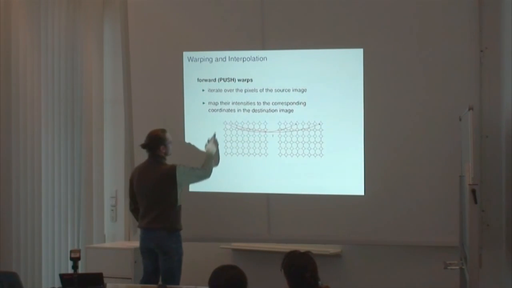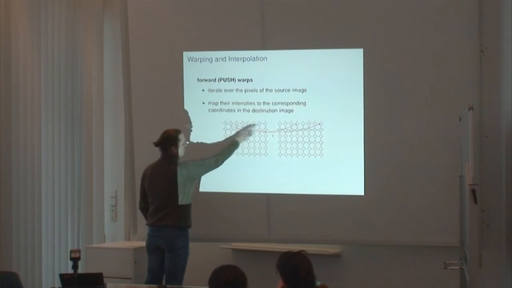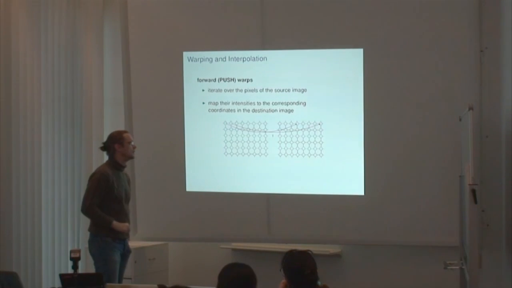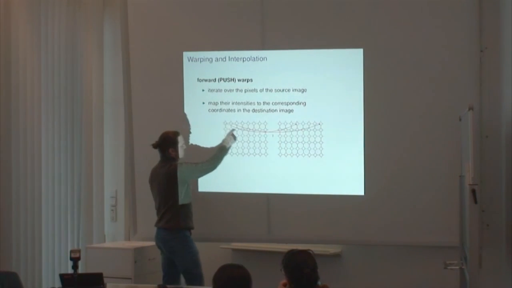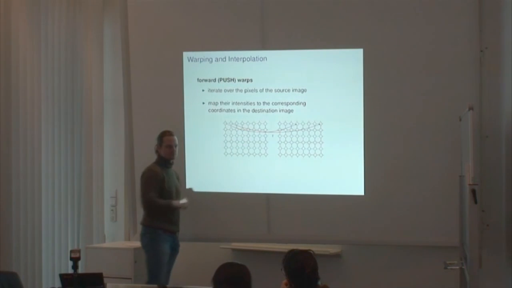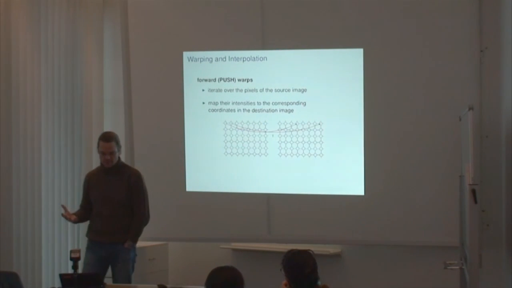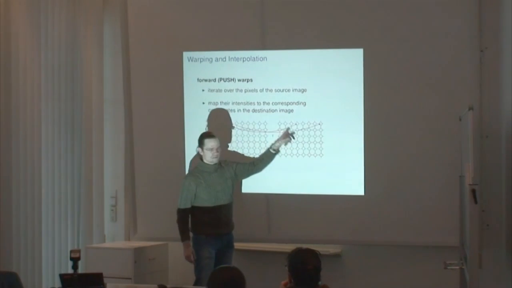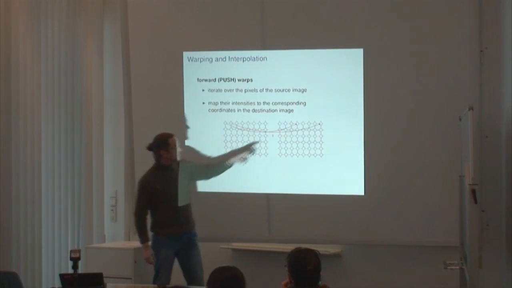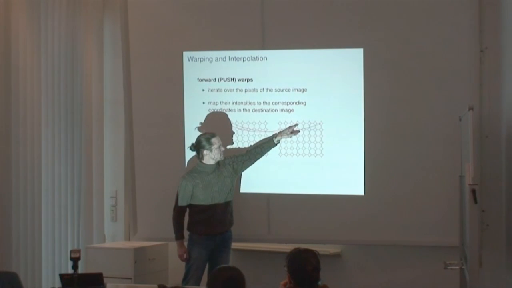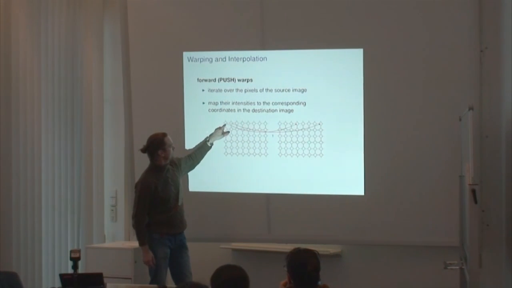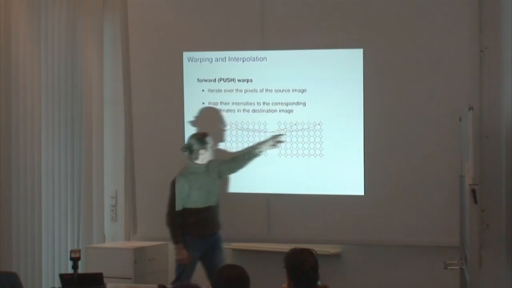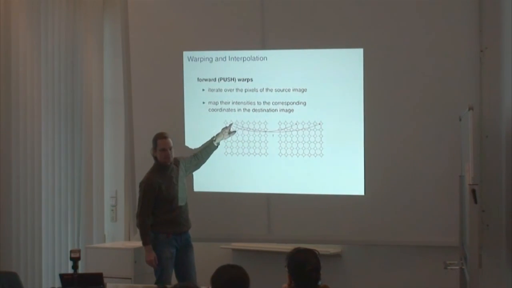That is, we would iterate over all the rows and columns in the original image and apply a transformation t to the coordinates of the pixels in the original image, and thus obtain coordinates of pixels in the new image. For instance, at this pixel we would set the color value of this pixel in the original image, and at this pixel we would set the color value of the pixel in the original image here.